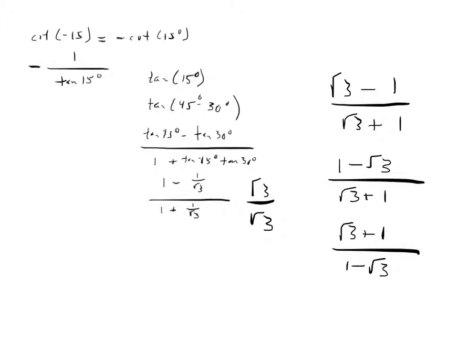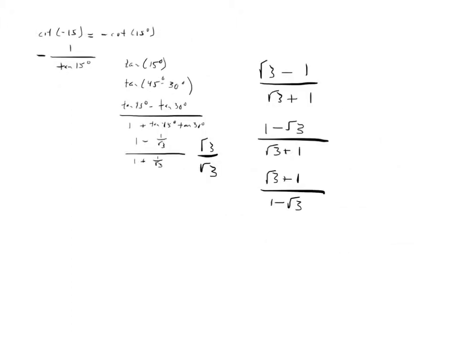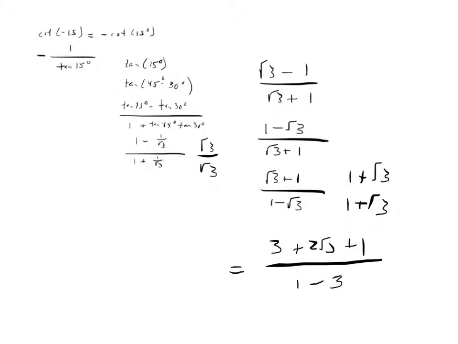So why don't we do that just for kicks? To rationalize that denominator, I'm going to multiply by the conjugate, 1 plus root 3 over 1 plus root 3. Up top, root 3 plus 1 quantity squared is going to be 3 plus 2 root 3 plus 1, all over 1 minus 3, which equals 4 plus 2 root 3 over negative 2.